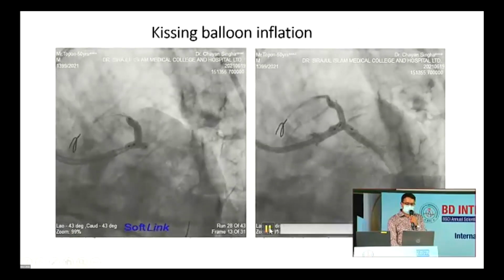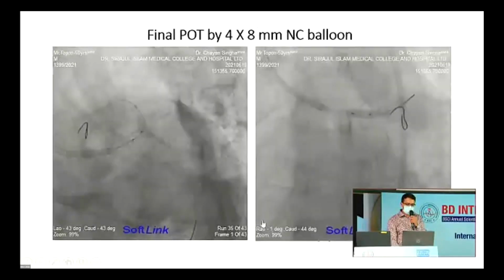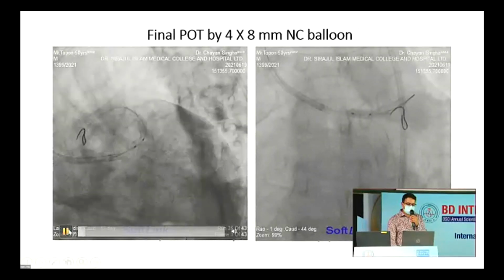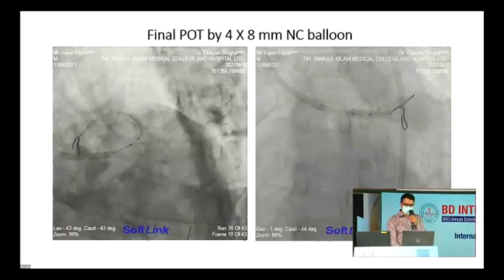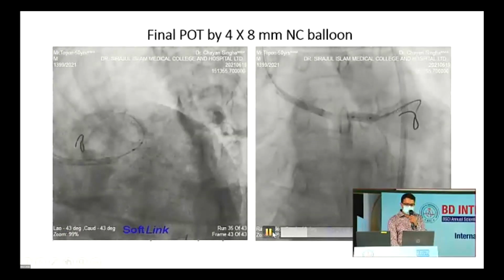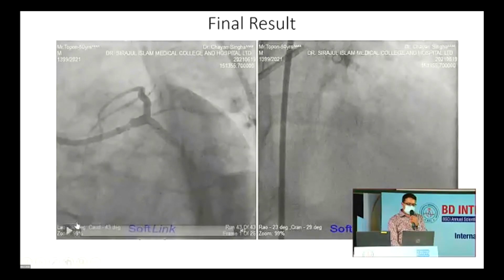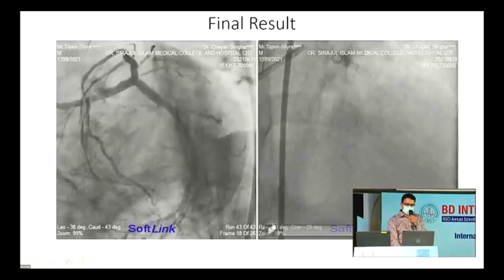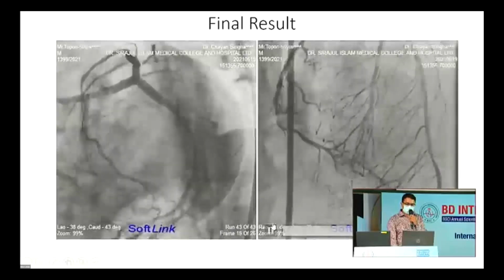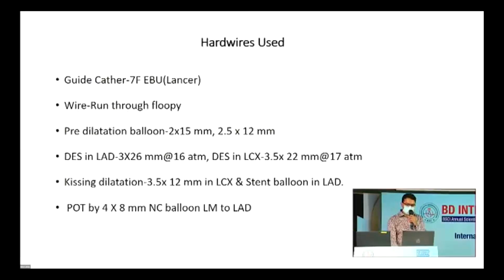Here shows the kissing balloon inflation, and the final POT was done by taking a 4 into 8 millimeter NC balloon. This is the final result showing an appreciable result, with good symmetrical flow and myocardial blush.